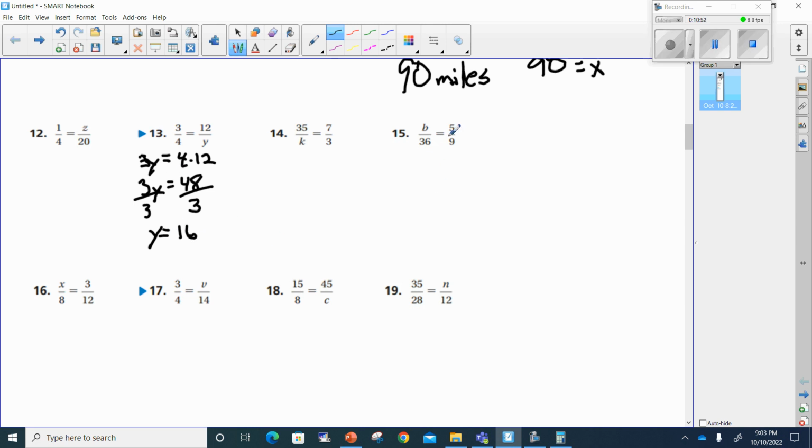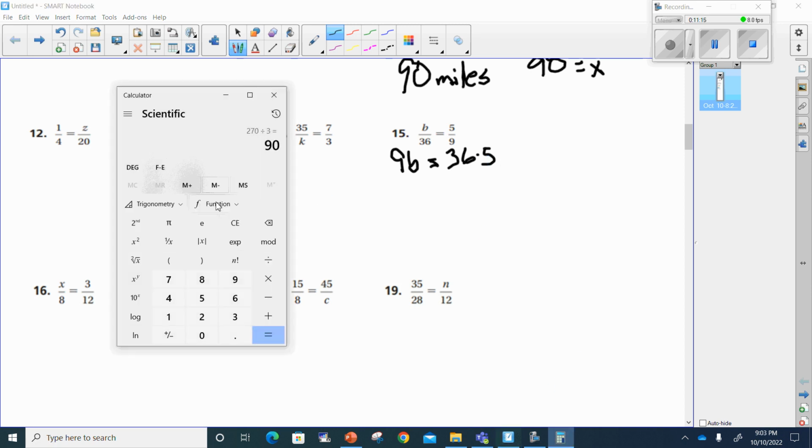Number 15 says b over 36 equals 5 over 9. I'm trying to find b. That means I'll take 9 times b. That has to equal 36 times 5, which is 180.